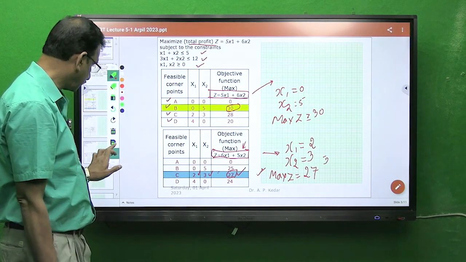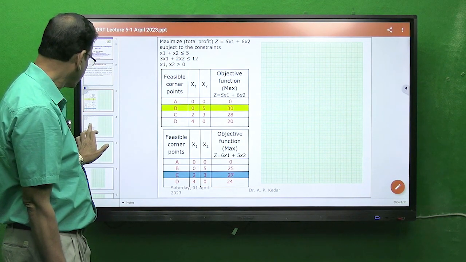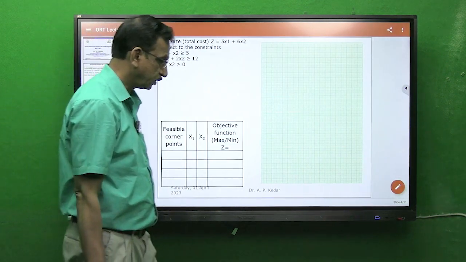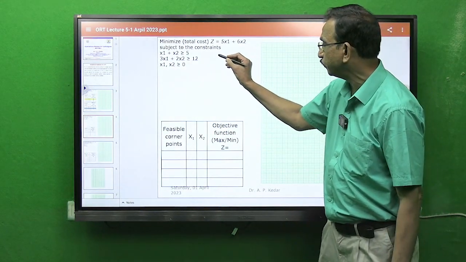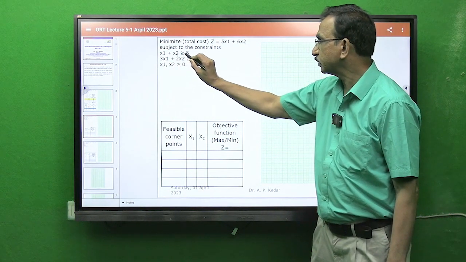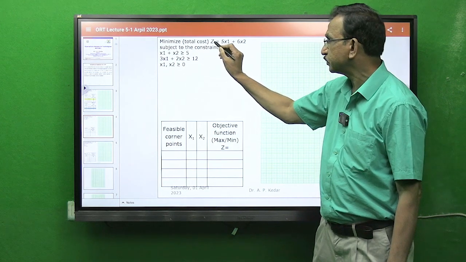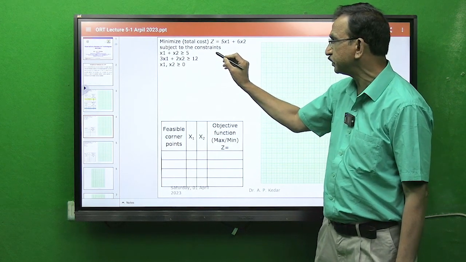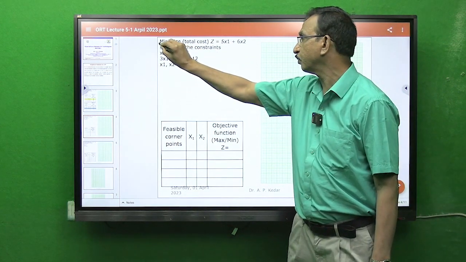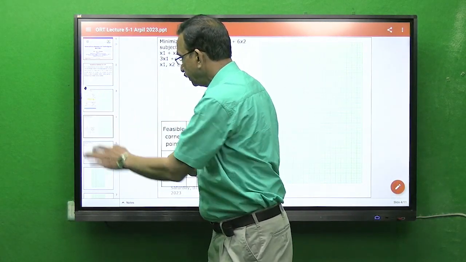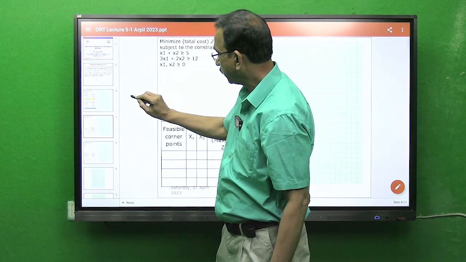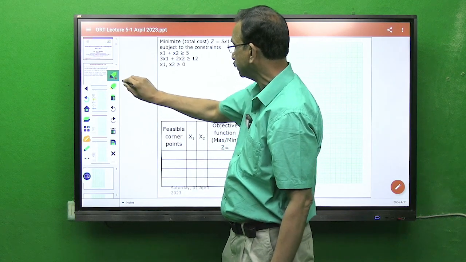Now we will try another problem. From the point of view of understanding, I am keeping the problem statement the same, only I am changing the objective function from maximize to minimize.